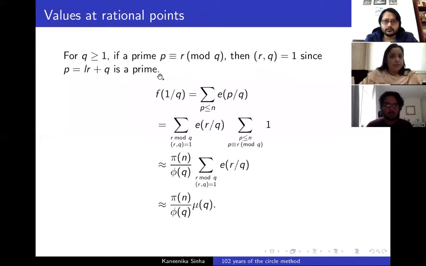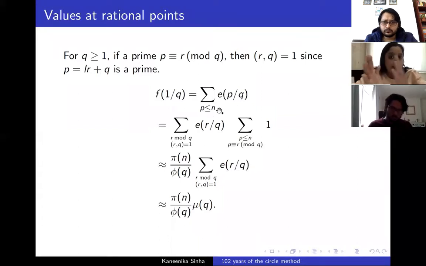Just as we did for f of 1 by 3, we now generalize this immediately to f of 1 by q, where q need not necessarily be a prime number. So f of 1 by q can be written as the sum of e of p over q, where p runs over all the primes up till n.